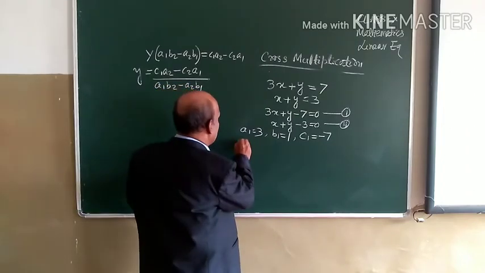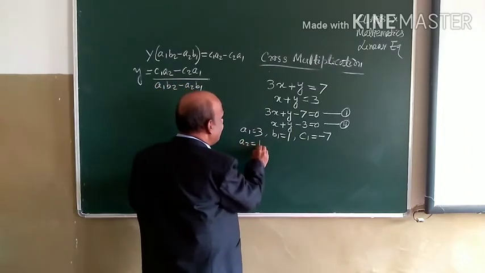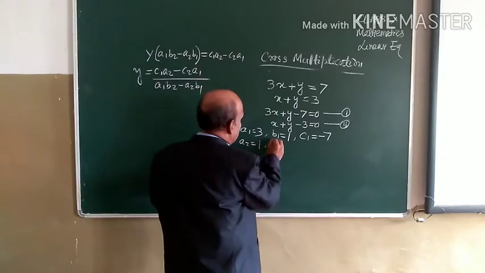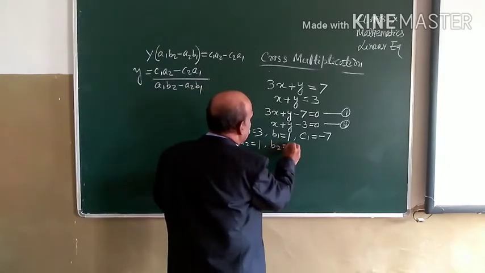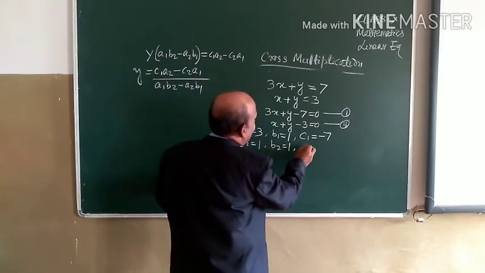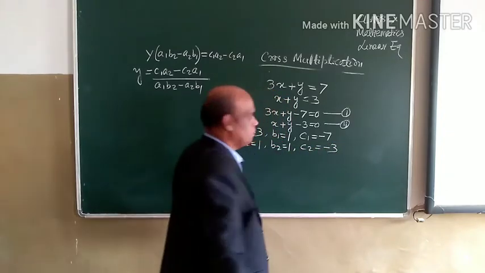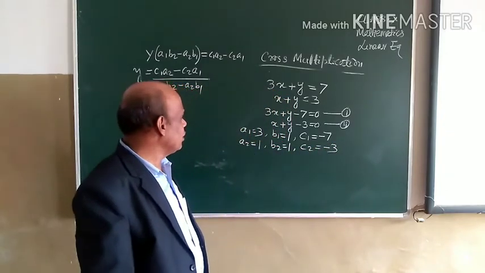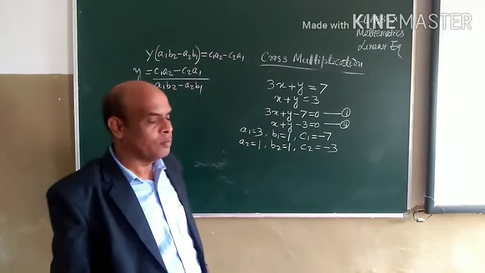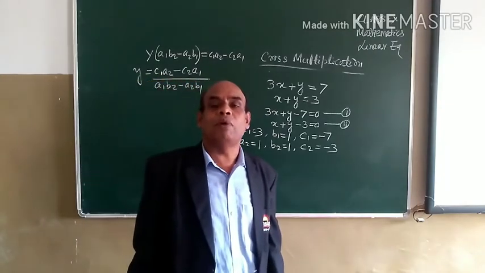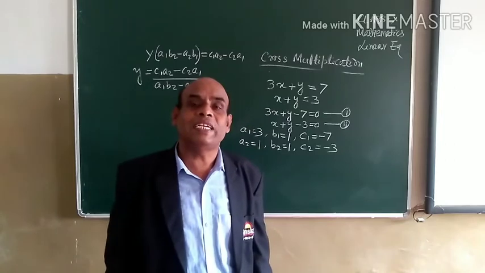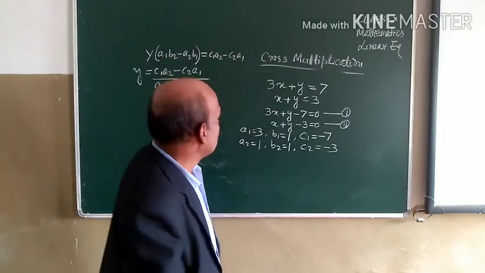Similarly, a2 is equal to 1, the coefficient of x, b2 is equal to 1, and c2 is equal to minus 3. So that is our duty, to find a1, b1, c1 and a2, b2, c2.